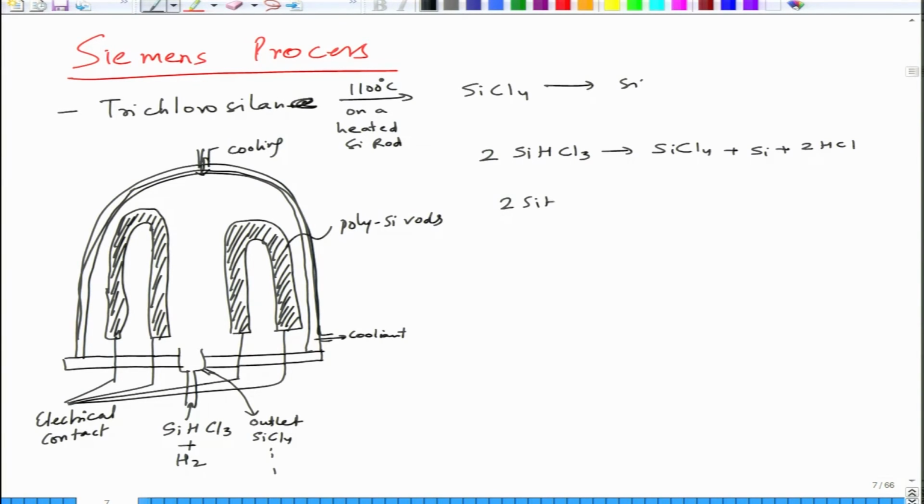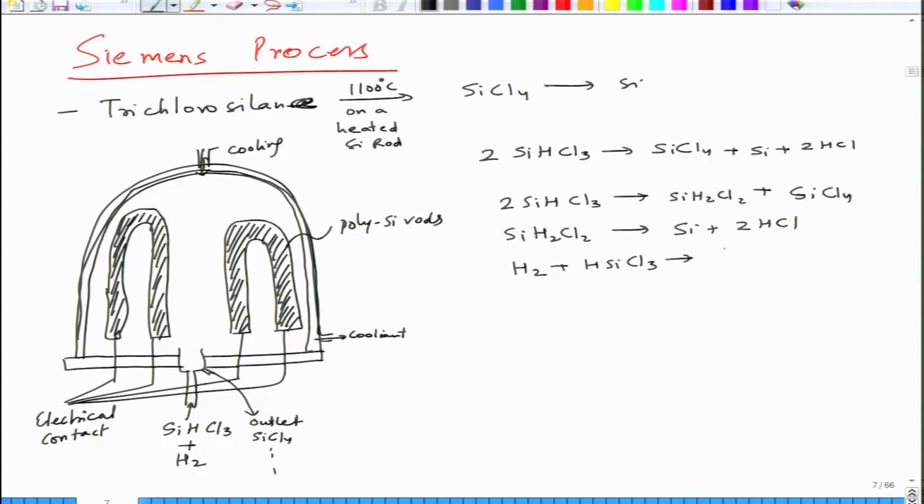So you have 2 SiHCl3 goes to SiH2Cl2 plus SiCl4, then SiH2Cl2 forms Si plus 2HCl, and then this hydrogen also reacts with HSiCl3. You can see I have replaced it here.